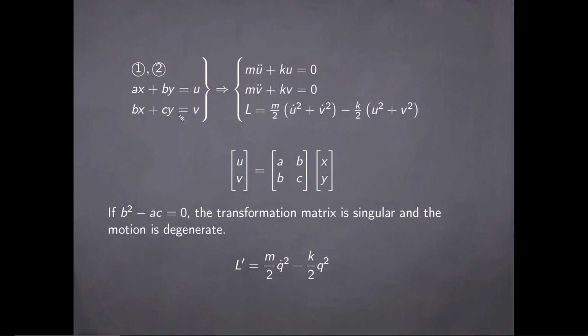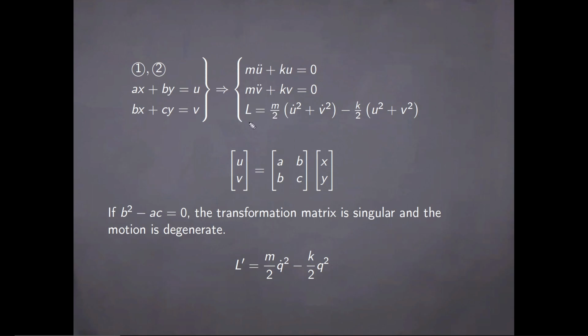And if we use this transformation in the equations here, what we obtain is a set of two independent harmonic oscillators in the new variables. And these equations can be derived from a Lagrangian for a system having 2 degrees of freedom as described here.